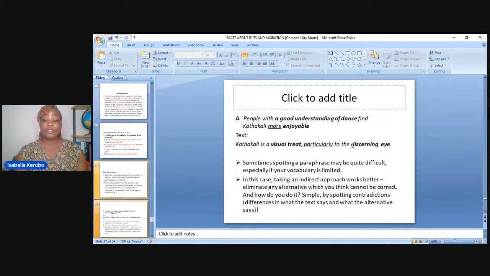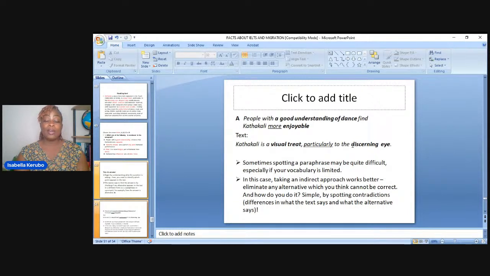Because when you're talking about a discerning eye, this is a person who is in a position to identify something that is good or something that is bad. You're able to differentiate between something good and something bad that you are watching, and you can easily say, oh, this is good, or this is not.